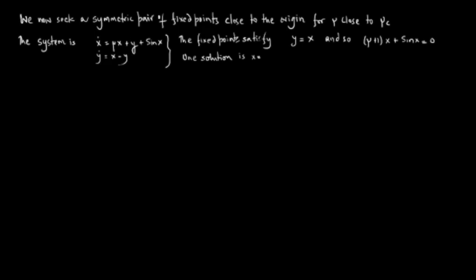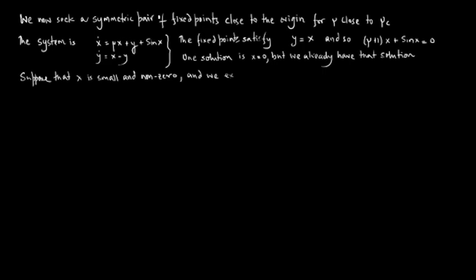One solution is x is equal to 0, but we already have that solution. So suppose that x is small and non-zero, and we expand the sine term as a power series. Then mu plus 1 x plus x minus x cubed on 3 factorial plus order x to the 5 terms will equal 0.